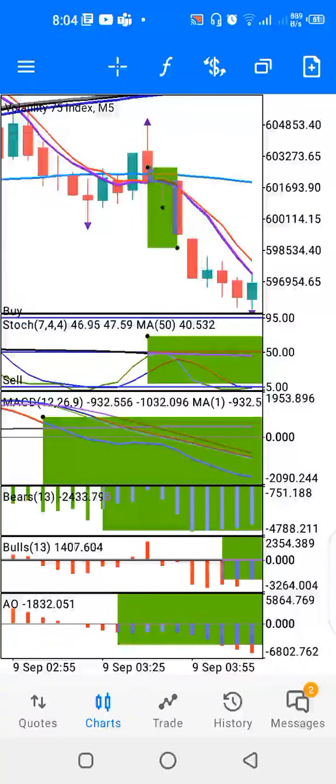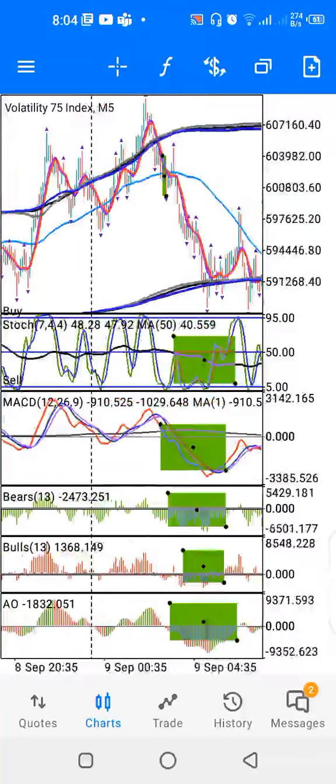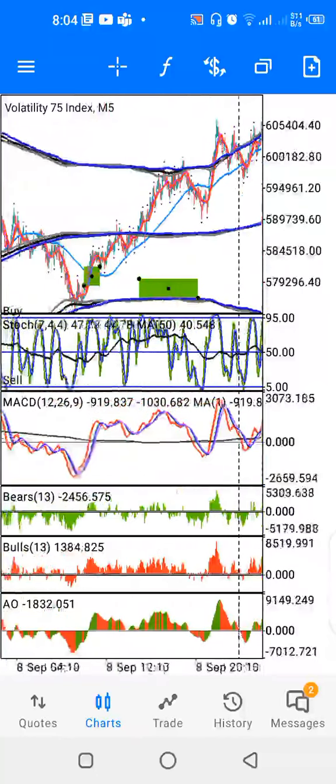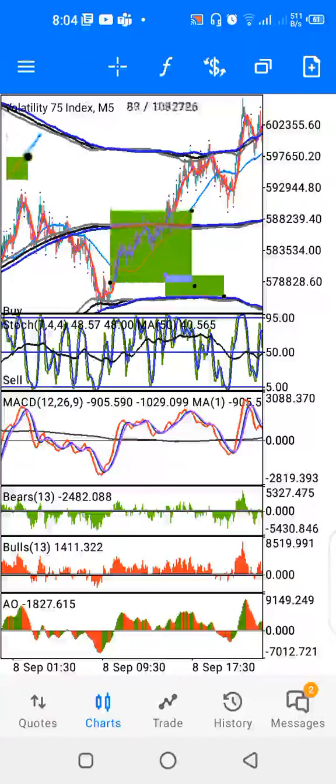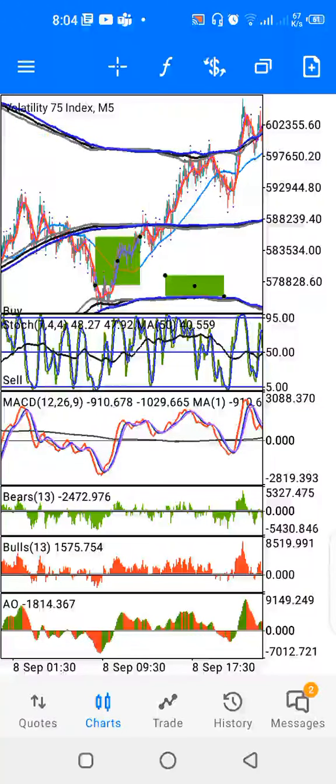So basically, the actual scalping starts around here. The essence of this particular blue line is for you to have confirmation on when to actually scalp buy.